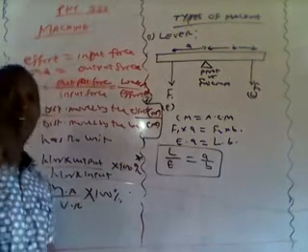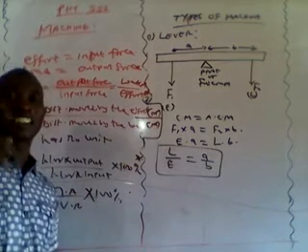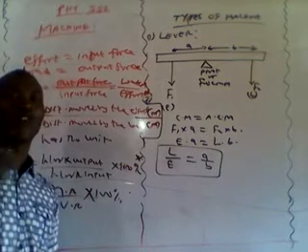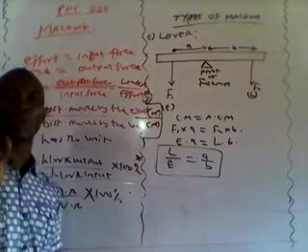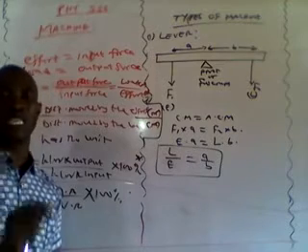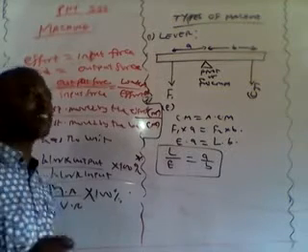Why? Because of the frictional force that occurs at the moving parts of any machine. So the reason why the efficiency of the machine is always less than 100% or 1 is the frictional force acting on the moving parts of the machine. You need to take note of that.